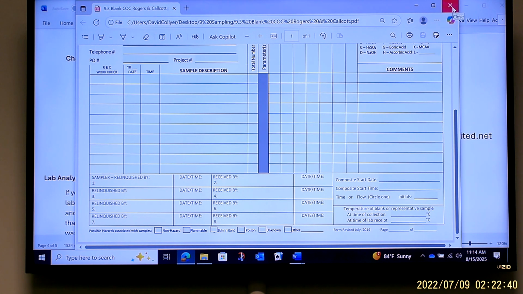After the analysis is completed, you will get a copy of this document, and it will have everybody who has possessed the sample on the bottom, and that is your completed chain of custody.